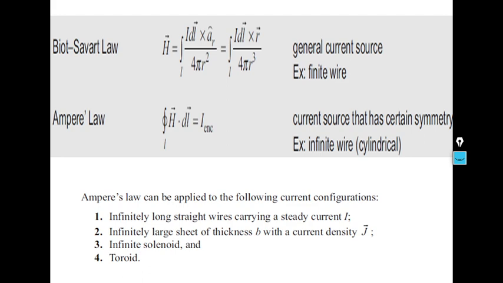Now if I apply Ampere's law, what cases can we apply it to? Infinitely long straight wires, infinitely long large sheets of thickness, infinite solenoid, toroid. So we'll see an infinitely long straight wire carrying a steady current I.